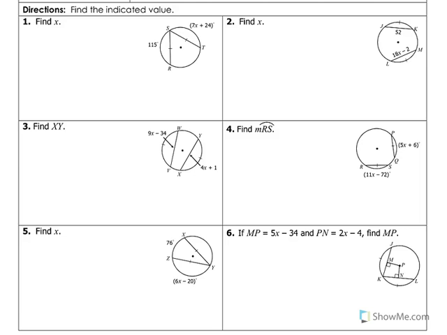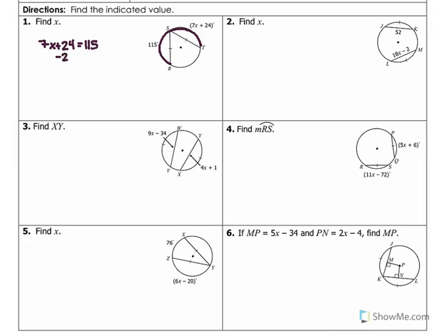Okay, so let's go ahead and start on this first one. It says to just find x. So we know that those two chords are equal. So that means that these two arcs must also be equal. That's what we just did. So we're just going to say 7x plus 24 equals 115.